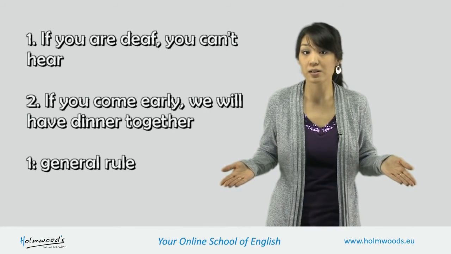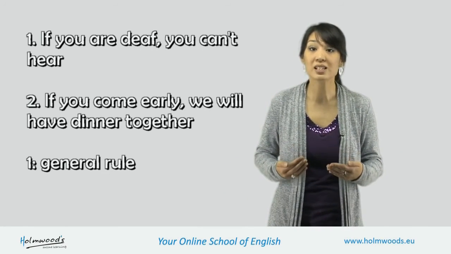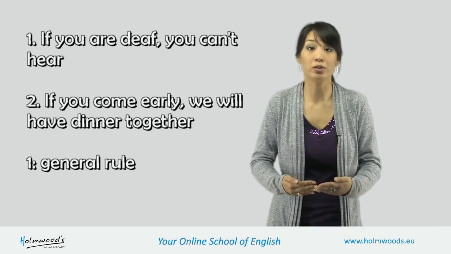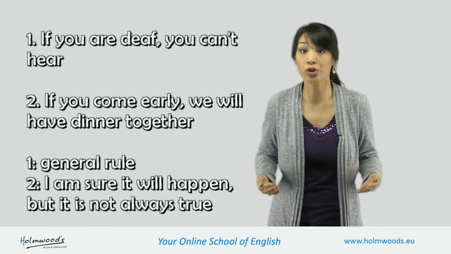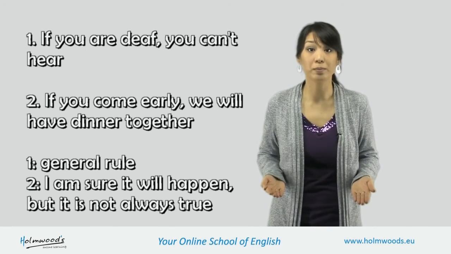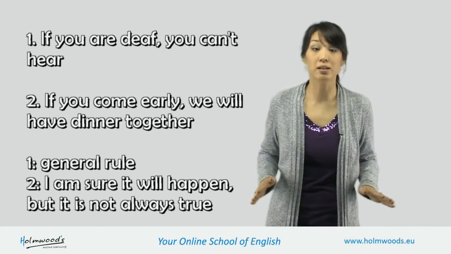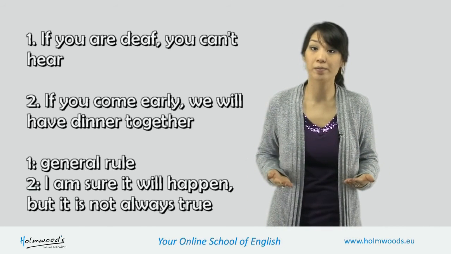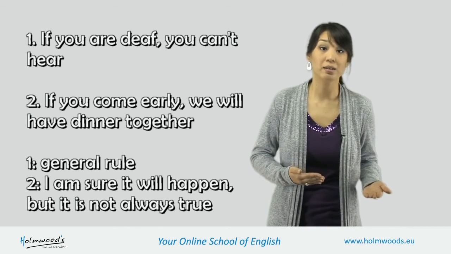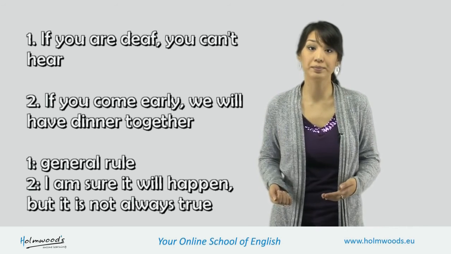That's how it is. In the second sentence, I am saying something about the future. I am very sure that it will happen, but it is not always true. Coming home early doesn't always mean that we will have dinner together. On the other hand, being deaf always means you can't hear.